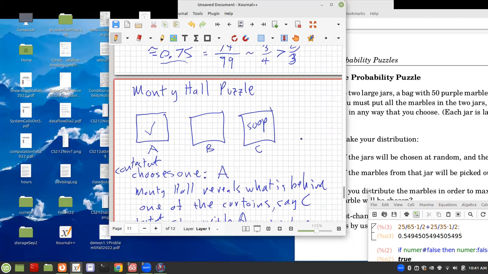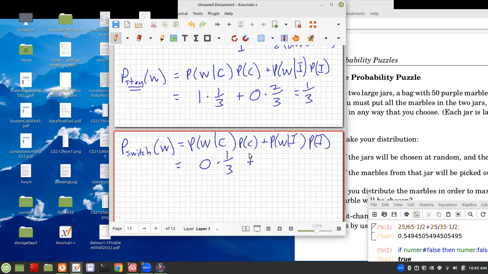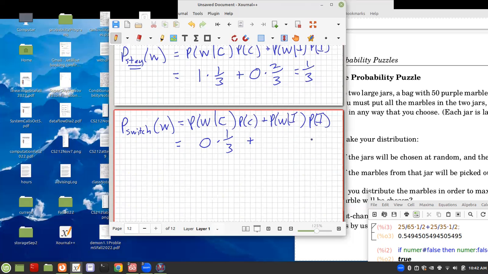Well, let's look at this. If you're incorrect, the prize had to be behind one of the other curtains, but since Monty Hall has opened one of them, if you're incorrect on the first choice, you're switching from incorrect to correct. So given that you're incorrect on the first choice, your probability of winning when you switch is 1, times 2/3, which equals 2/3.